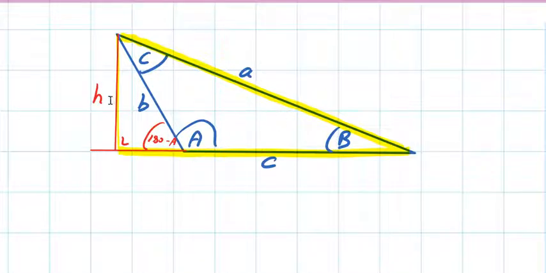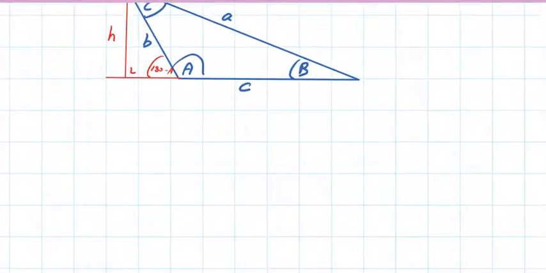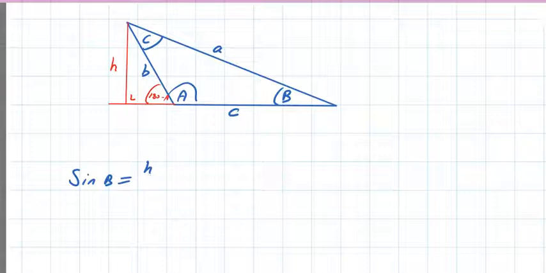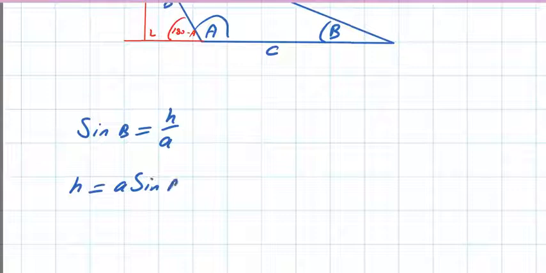So the sine of B is opposite over hypotenuse, which is H over A, which means that if you rearrange the formula again, H equals A sine B.